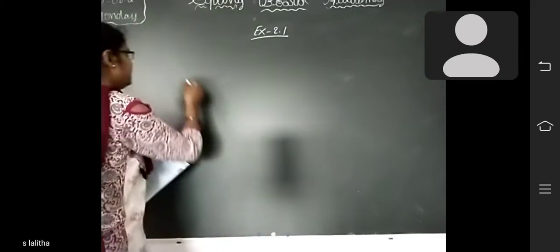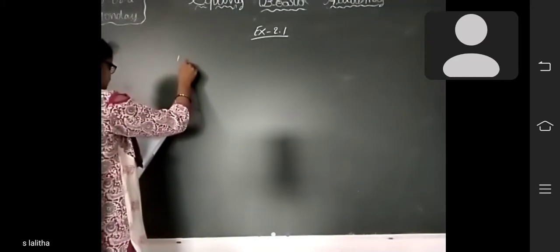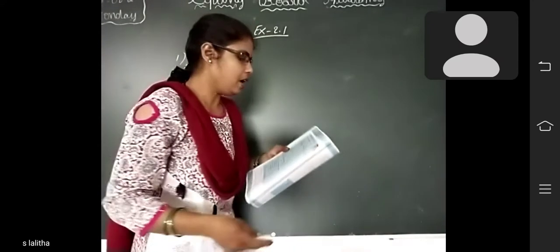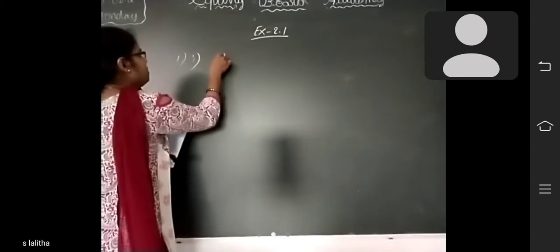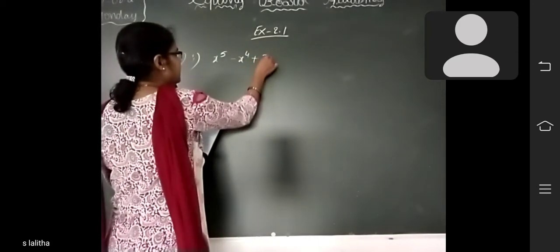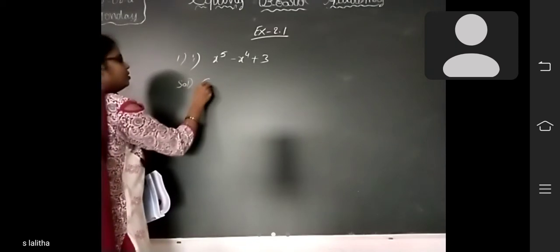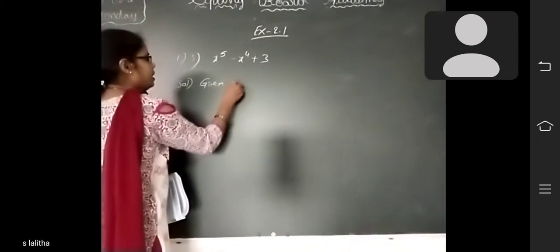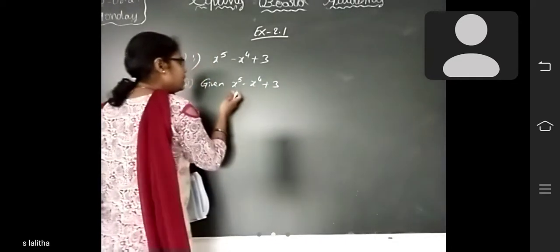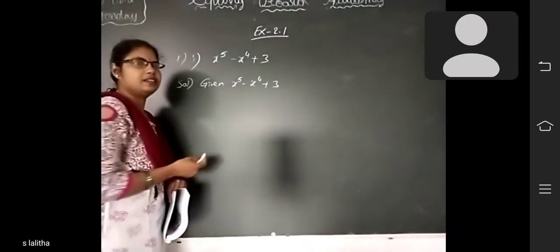Already I explained what is the degree of the polynomials, children. Highest degree of the variable. So here first one, what is given? X power 5 minus x power 4 plus 3 is given. Now what is the degree? Here which one is the highest degree?